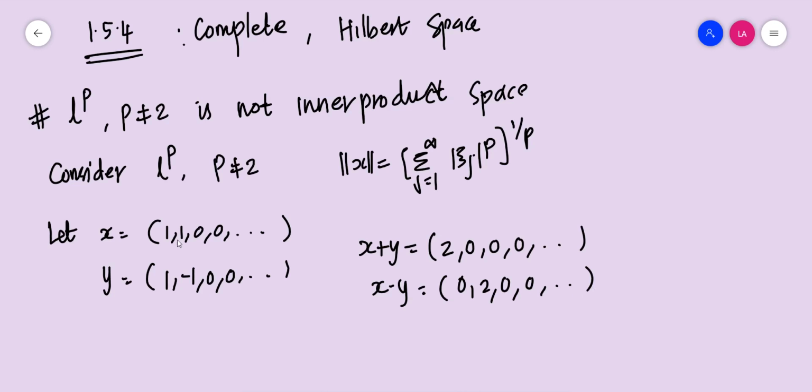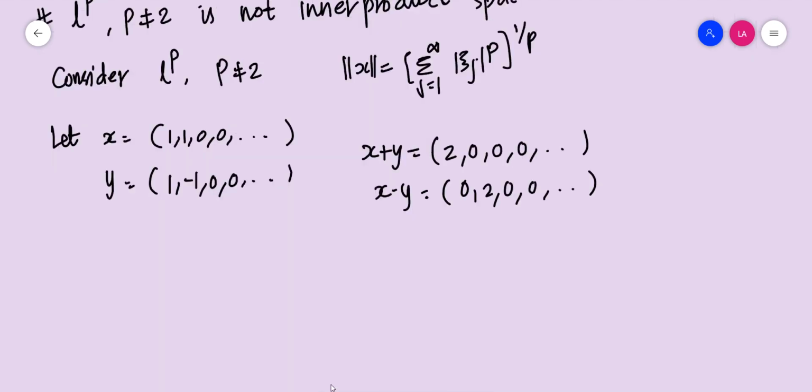Okay. So we will prove that when p is not equal to 2, these elements do not satisfy the parallelogram identity. So for that we have to find the norm of x. The norm of x is equal to the summation from j equal to 1 to infinity of modulus of theta j raised to p, the whole raised to 1 by p.